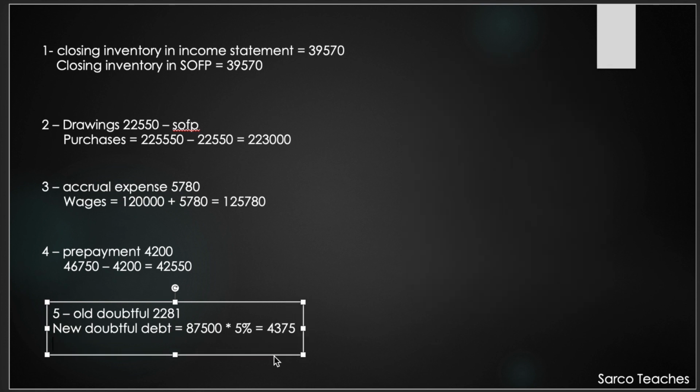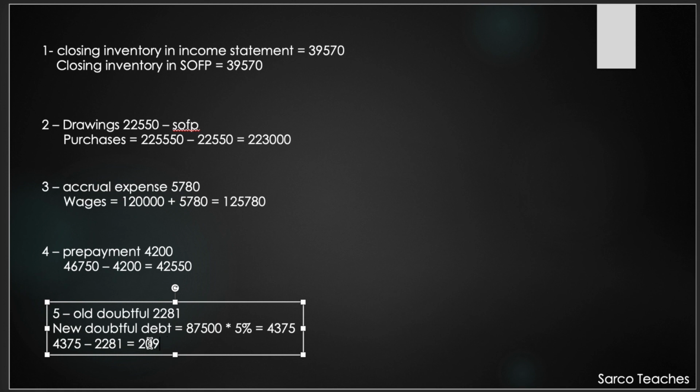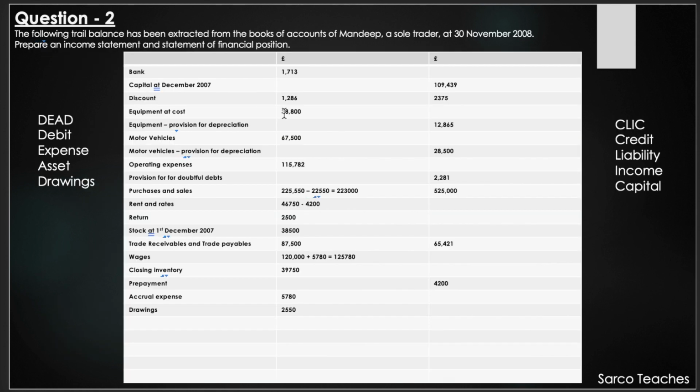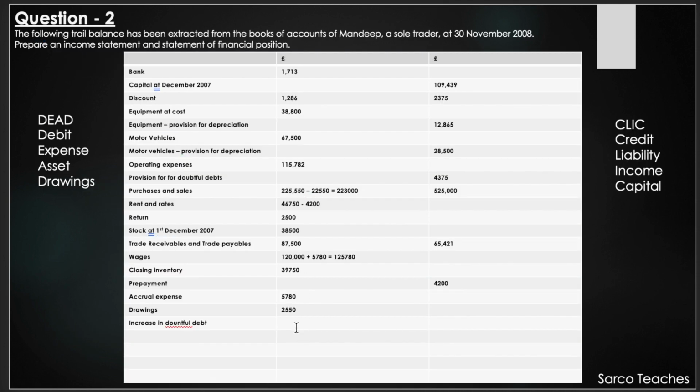Then we will have to see if there's been a decrease or increase in our doubtful debt. So we do 4,375 minus 2,281. And then we have to put the new doubtful debt into our trial balance. So we just remove the old one and put the new one in. And then we will have to also put the increase, because the increase is an expense obviously, because they cost the business.